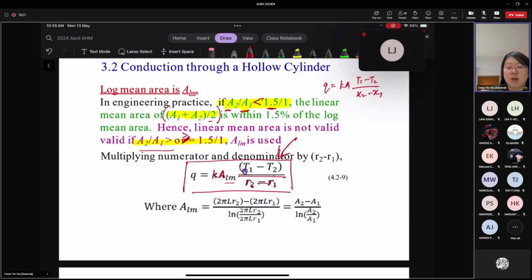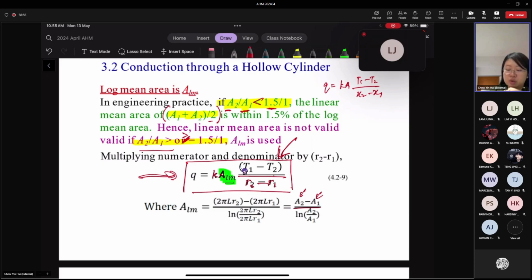For this module, when we deal with a cylinder, we are going to practice using this formula, where the log mean area concept is the same as the log mean temperature. It's the outer surface area of the cylindrical body minus the inner surface area divided by ln A2 over A1.